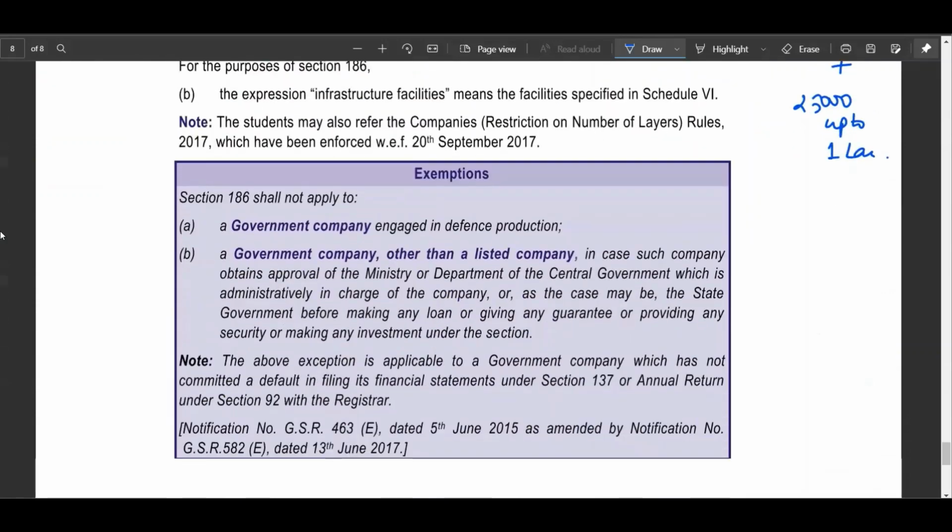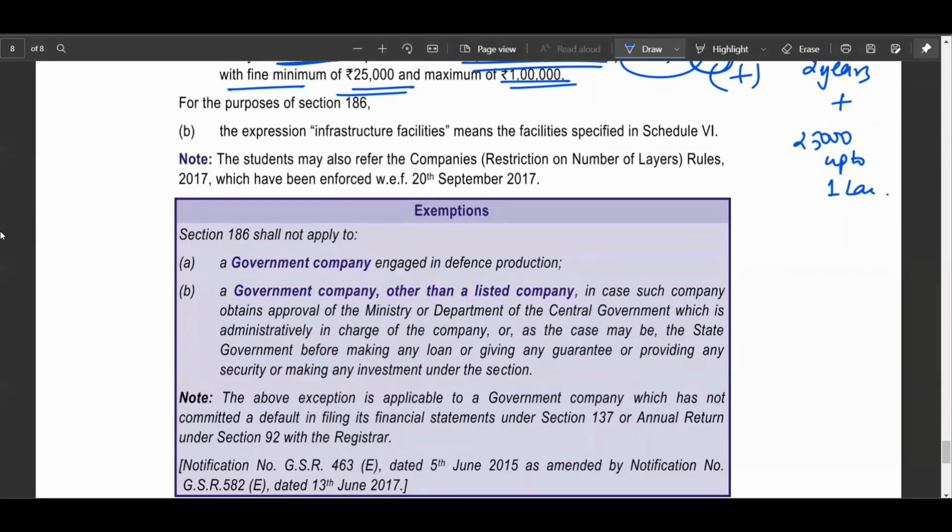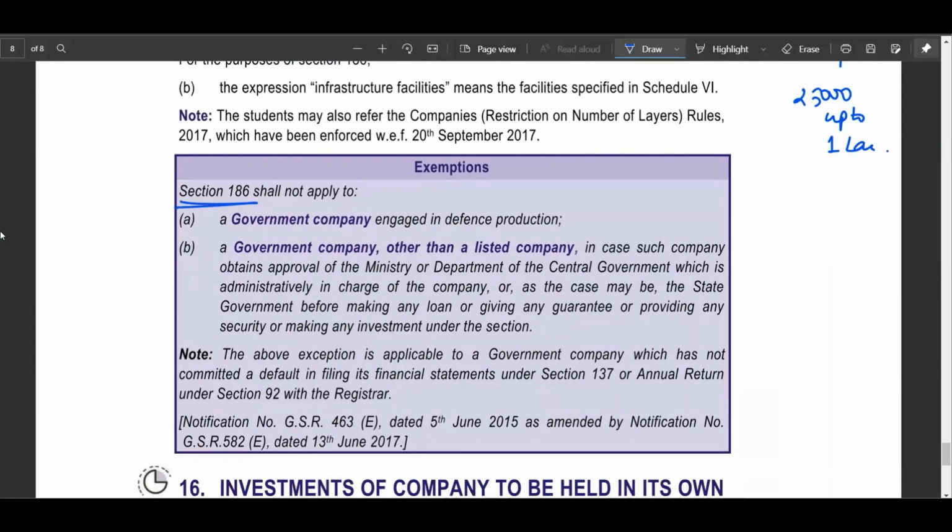All right, remember that. Now there are some exceptions given here: section 186 is not applicable to a government company engaged in defense production, and a government company other than a listed company, in case such company obtains approval of the ministry or department of the central government which is administratively in charge of the company.